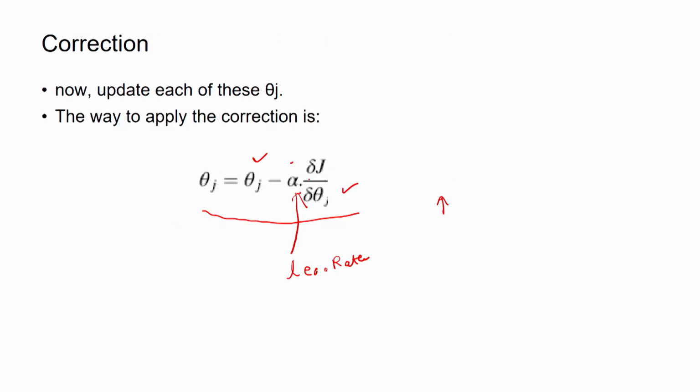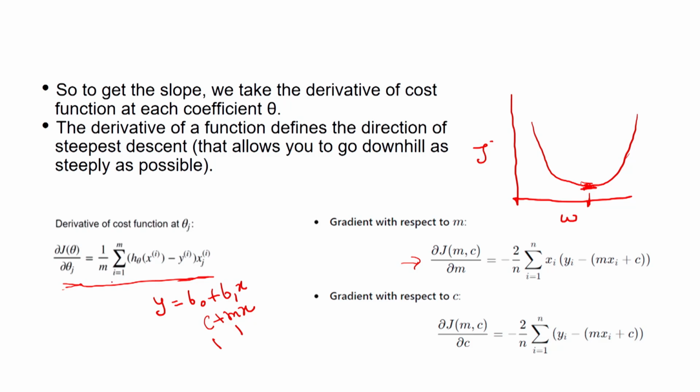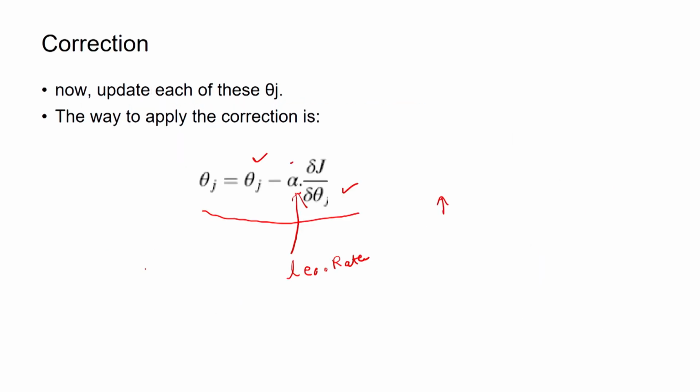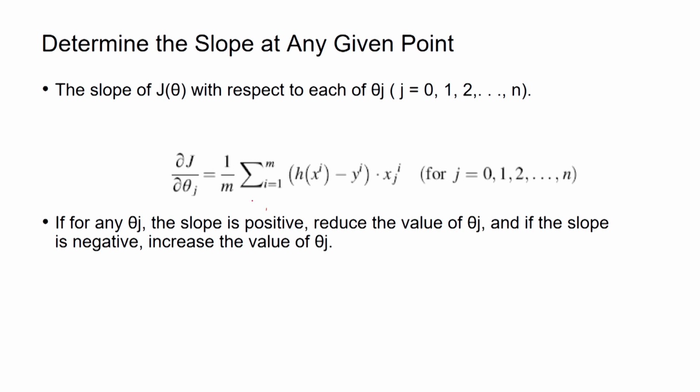Here you can see the equation that we are getting. Simply, we put the right hand side value here. This is delta J, meaning the derivative of J with respect to theta j, that we got from there.